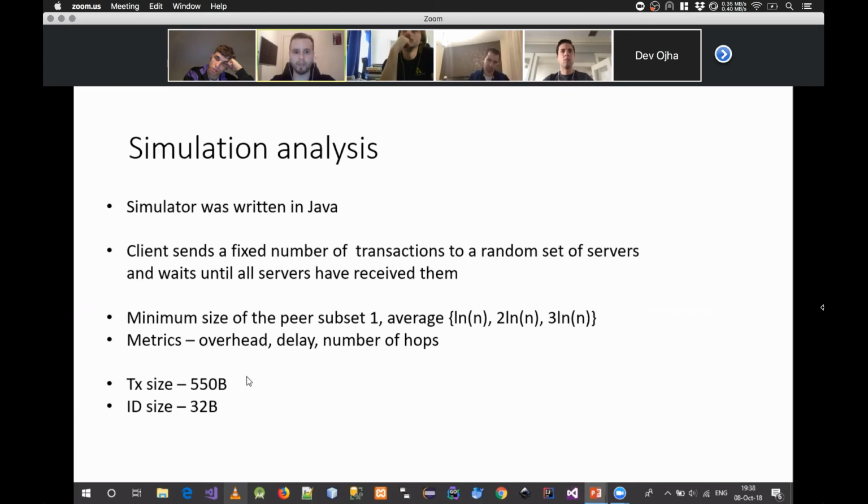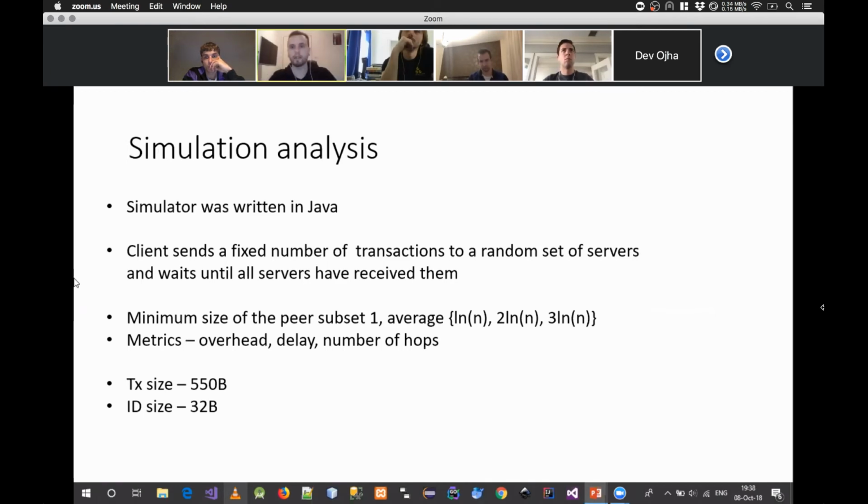Therefore, in order to properly express the overhead percentage, that percentage was expressed in the number of redundant transactions. So, for example, if I've received 100 transactions and the overhead percentage is 75%, it means that out of 100 messages, 75 of them were redundant and 25 were actually useful.